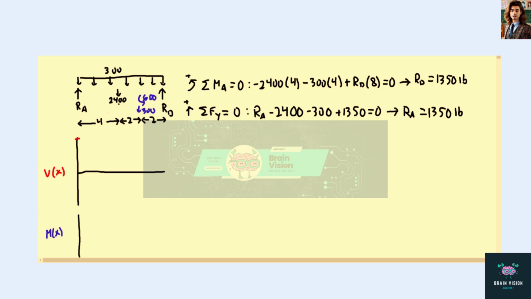So we're going to start at 1,350, the reaction at A, and it will have a negative linear slope until we reach our applied load.